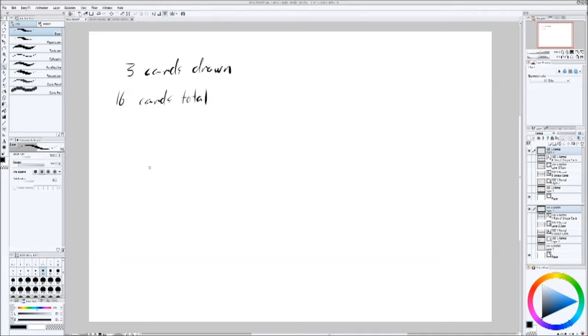So that means, let's say the first card we draw has a 1 in 16 chance, but that then means one of these has disappeared. So the next one we have is a 1 in 15 chance, and then the last one is a 1 in 14 chance.